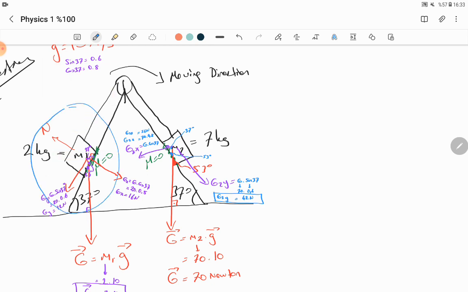If we find the net forces of the first mass, and on the T forces on this cord, that's also our cord.